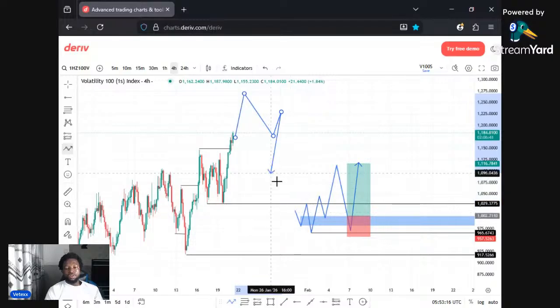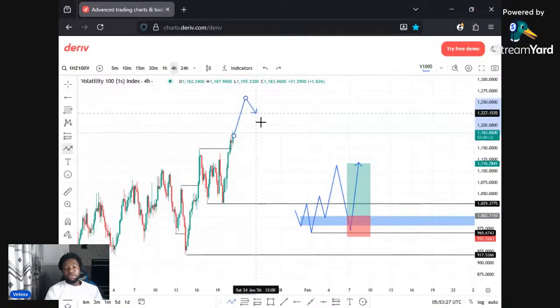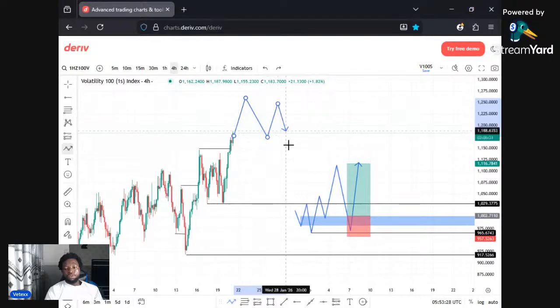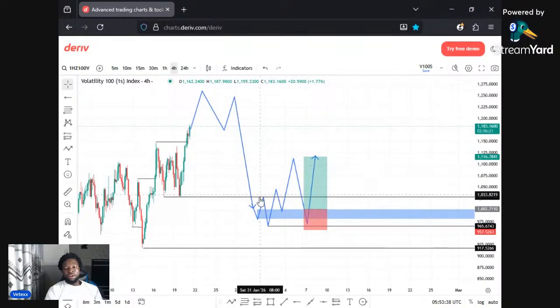Once price comes to this zone, it's going to start giving us continuation like this on the 15-minute time frame. You might see up to 3 to 4 continuations before price takes out the target. So this is what we're anticipating on Step 100 index currently.